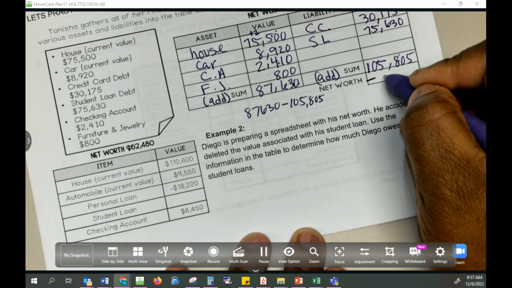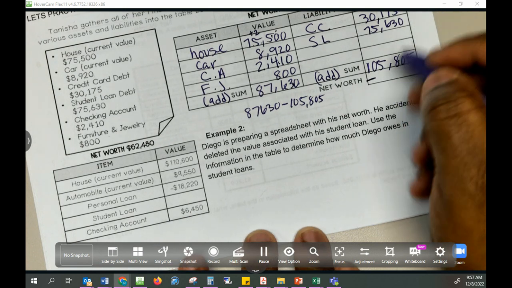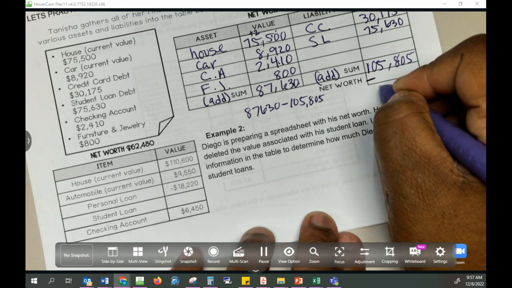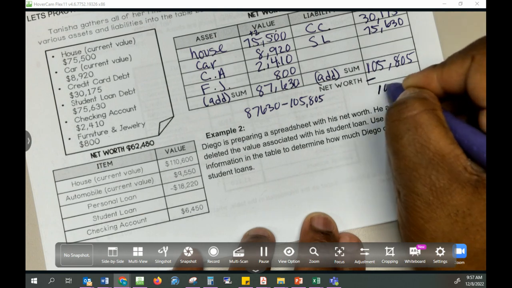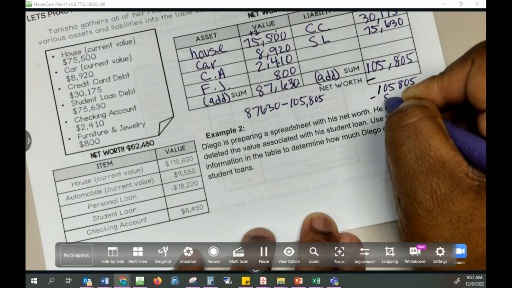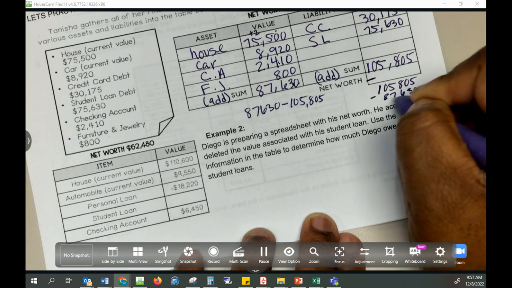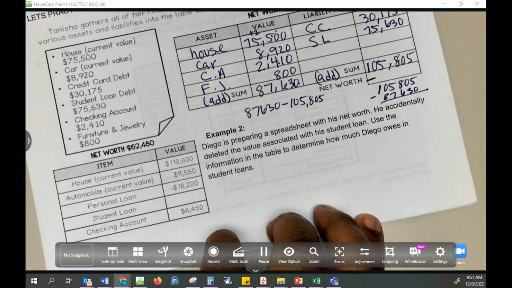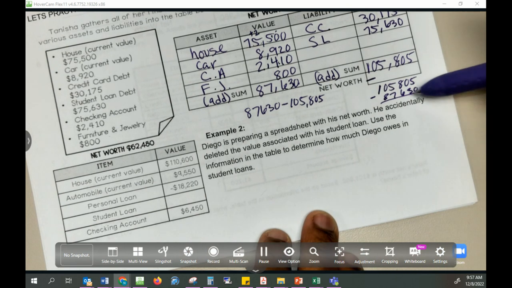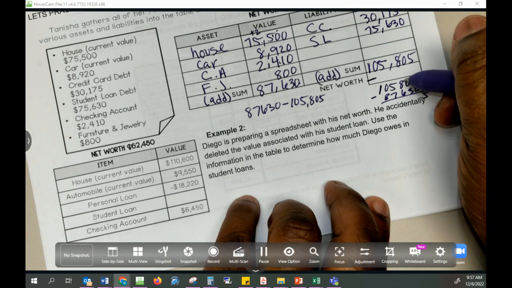And no, I'd rather you do it by hand if you're going to work it out. So when we do that, we have 105,805, and we're subtracting 87,630. I know these are big numbers, but money is big numbers. So 5 minus 0 is 5. 0 minus 3, we can't do that.